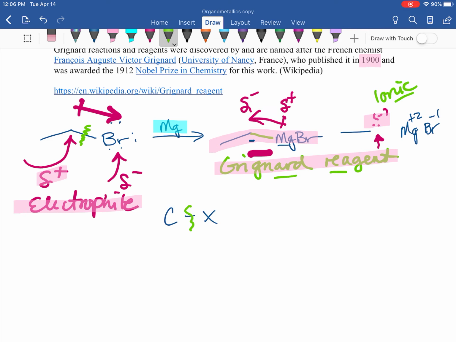So you could have all kinds of stuff in your substrate, and that magnesium is going to be so selective, it will insert between that carbon and bromine bond, even if there's other stuff in that compound. So that's why for the last 120 years, our metals have found their way into organic chemistry, and it's been amazing because they do things that are not traditionally possible.